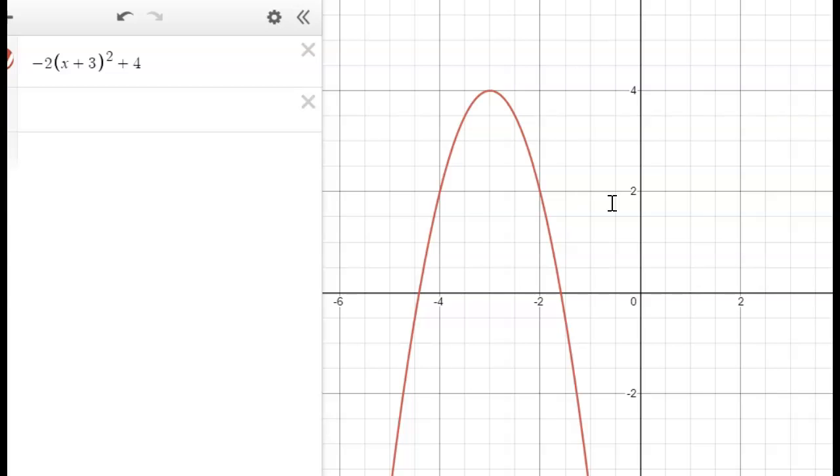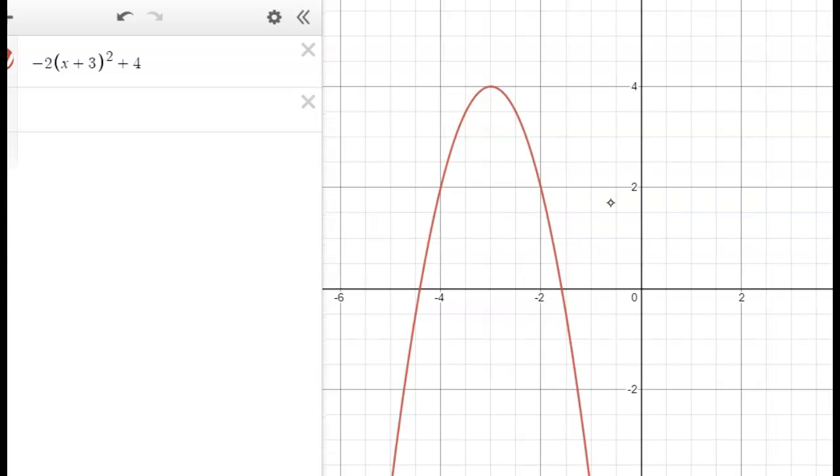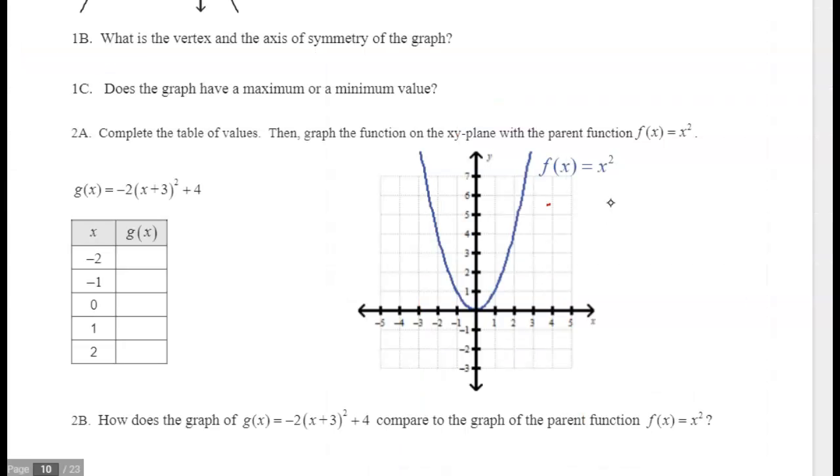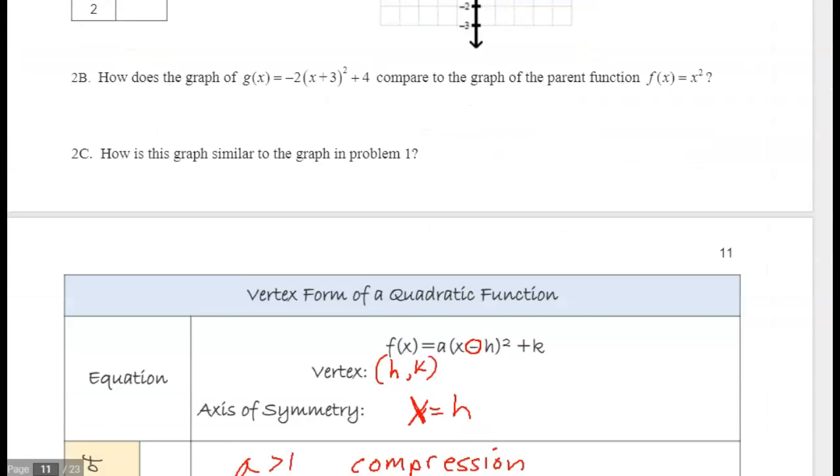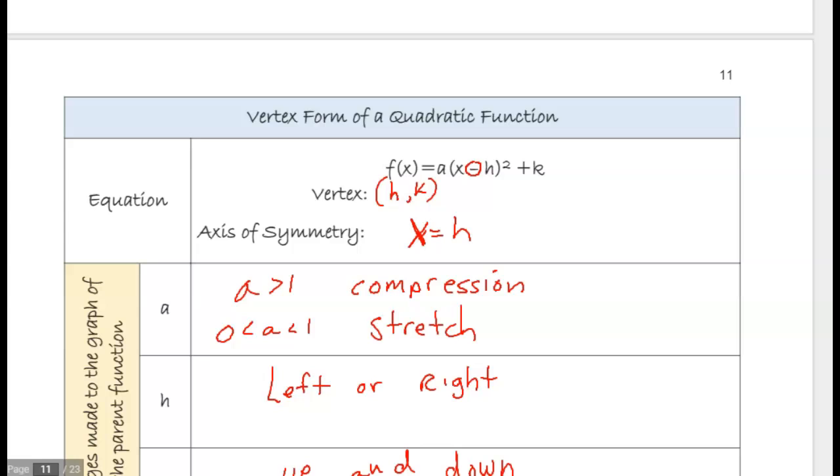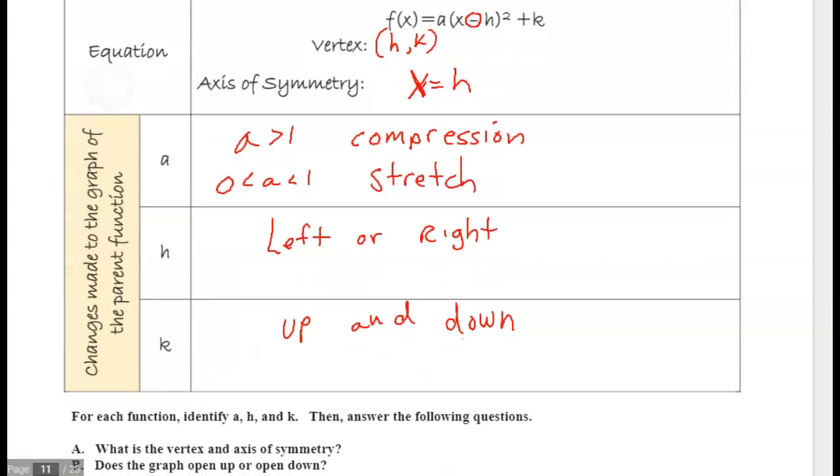So you would think that it would go over 3 spots to the right and then up 4 spots. But you'll notice that it's actually left of 0, 0. And the reason, if we go back over here, is because of this negative sign. It actually ends up going the opposite way.